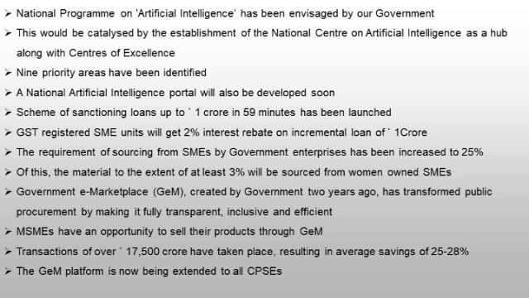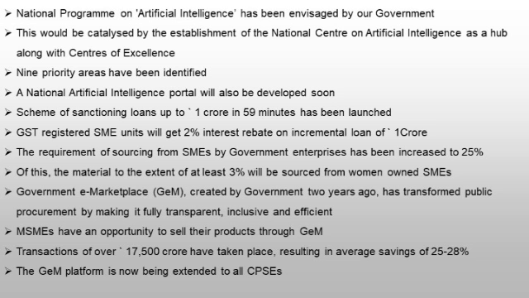Then the government has recently announced 1 crore loans in 59 minutes for helping the MSME sector, and it said the GST registered small and medium enterprises will get 2% interest subsidy for loans up to 1 crore. Yes, 2 advantages. One thing, the firm will be registered for GST, which will help tax revenues. Other thing, they will get subsidy.